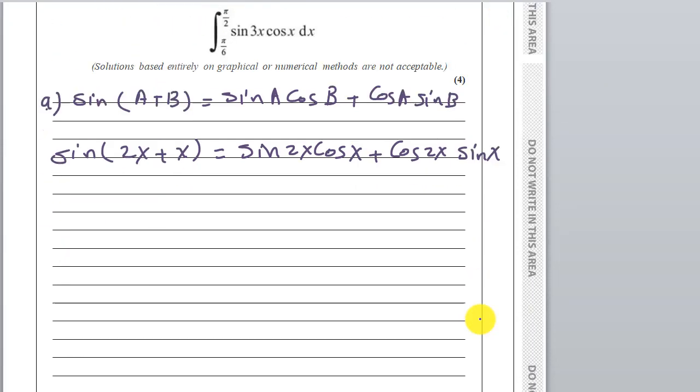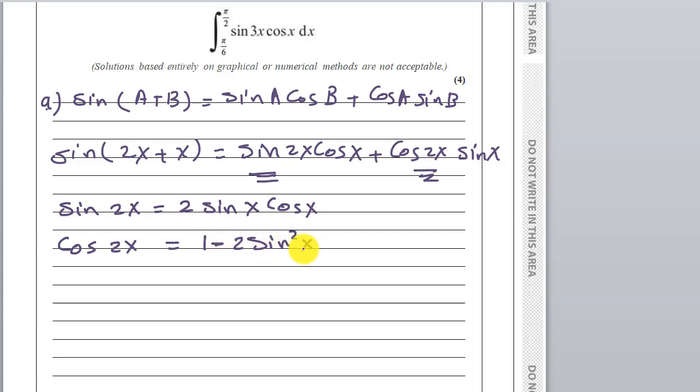So now we need sine 2x and we need cosine 2x. We know that sine 2x is equal to 2 sine x cosine x. And we know that cosine 2x is equal to 1 minus 2 sine squared x.